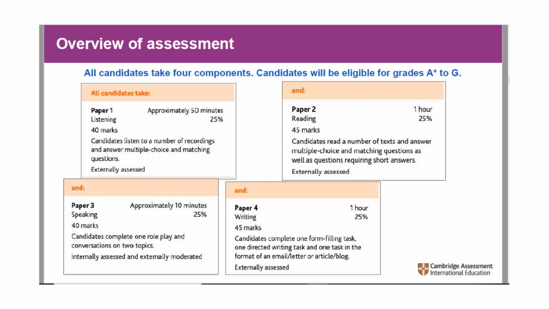Paper 1 is the listening exam. That's going to be 50 minutes. You will be listening to a number of recordings and you will have multiple choice questions that you will have to answer while listening, and this is externally assessed.